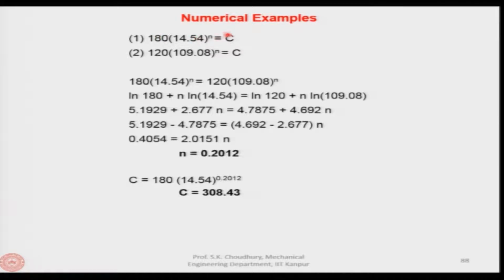Then with these two equations, two unknowns n and c, you can find the two unknown values by solving the equations in the way shown here. All right. So, these are simple examples, and you can implement the tool life equation and whatever we have learnt earlier in the form of numerical examples.